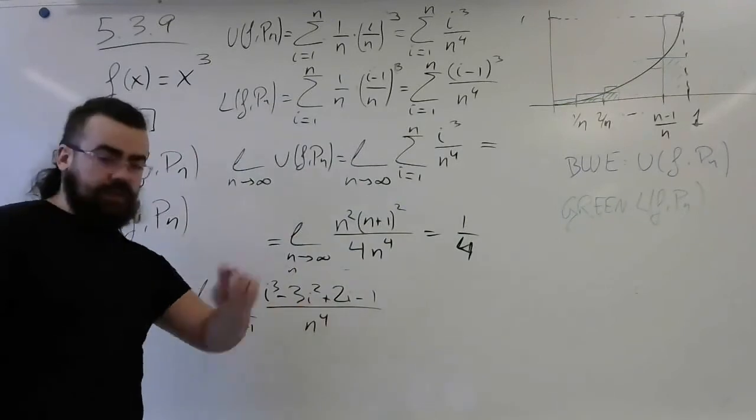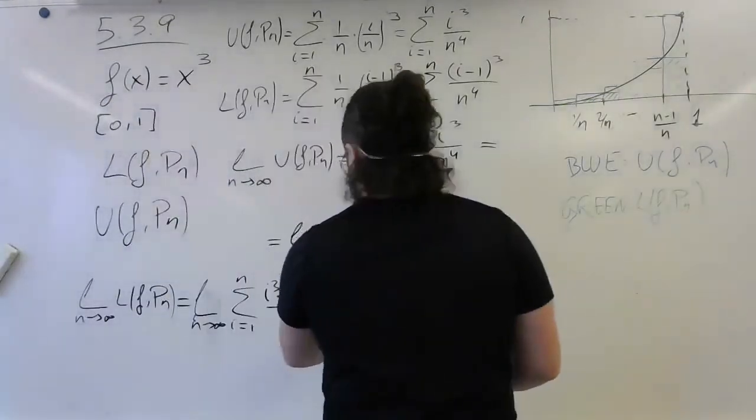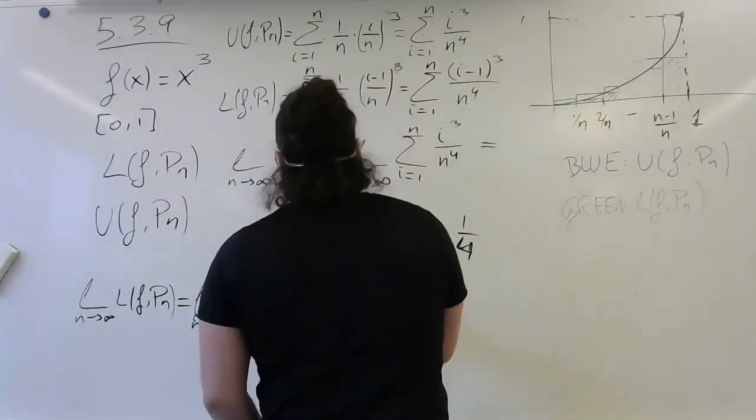One, two, three, and four sums. Let's see what happens there. This is not a 2, this is a 3.